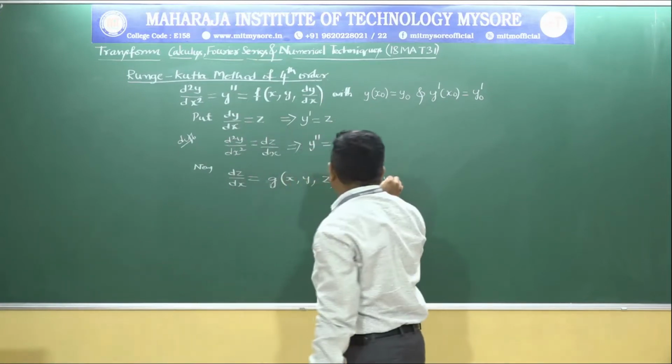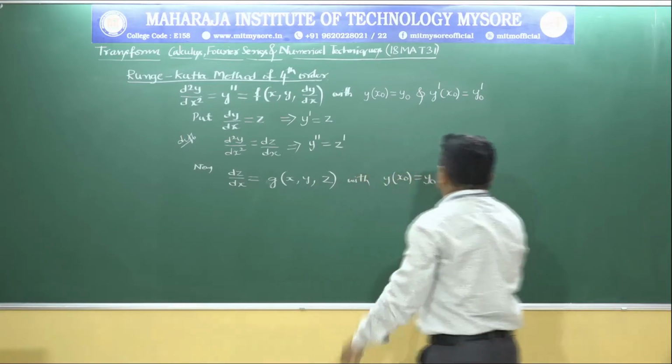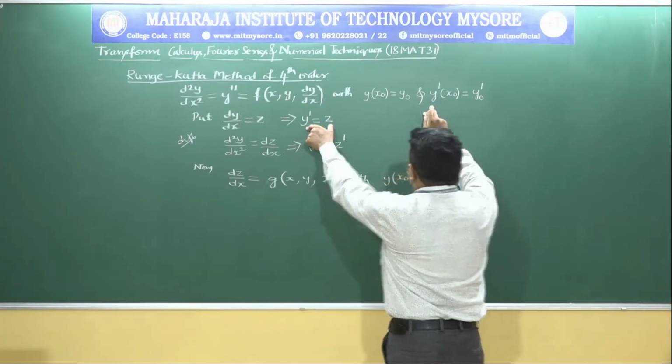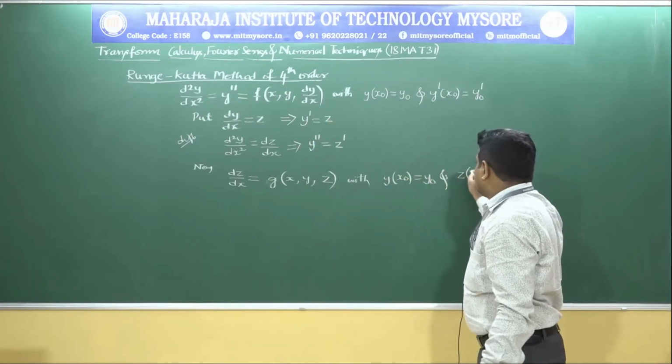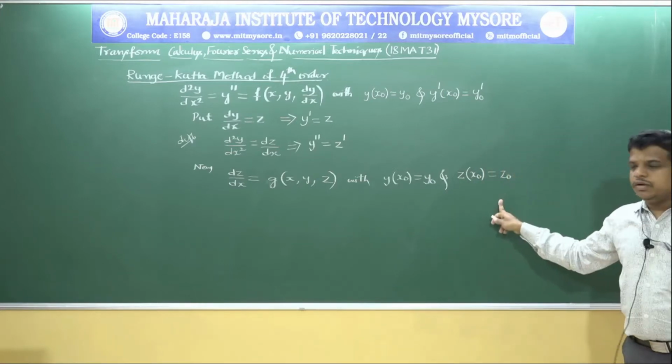Here the first condition remains as it is, that is y of x naught equals y naught and y dash of x naught equals z naught. Since y dash is z, this can be rewritten as z of x naught equals z naught. This is your initial condition.